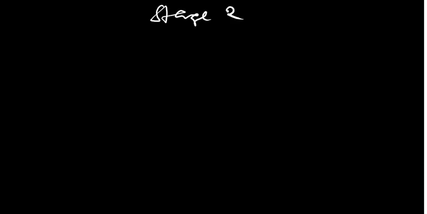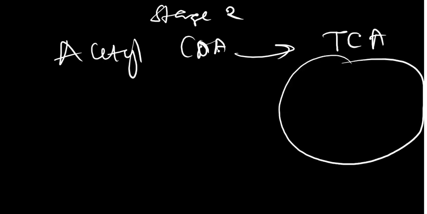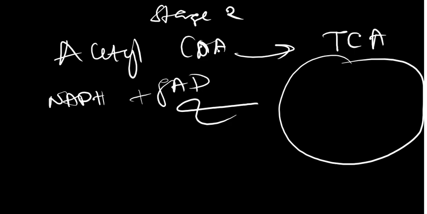The next step is beta oxidation stage 2. Remember in stage 1 we produced acetyl-CoA. Now in stage 2, the acetyl-CoA units that are produced go into the TCA cycle, or the tricarboxylic acid cycle, or the citric acid cycle, and this produces NADH as well as FADH2. That's what happens in stage 2.